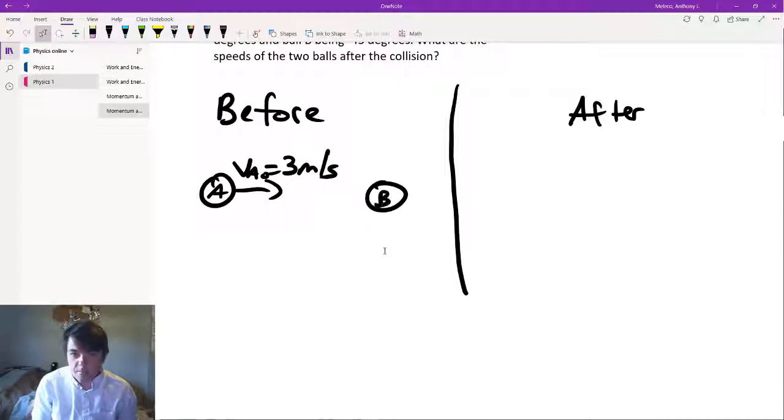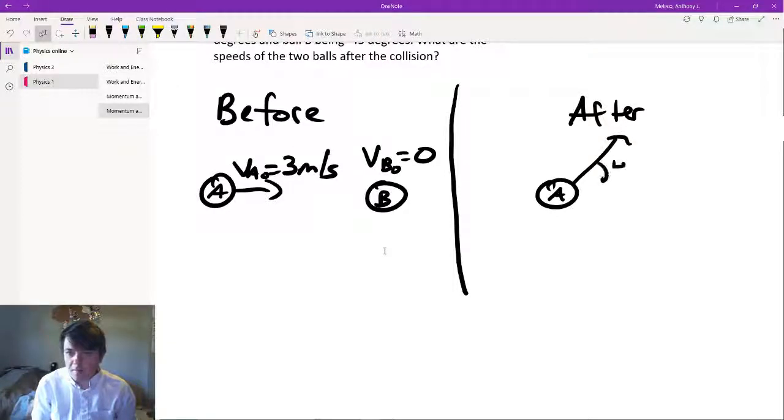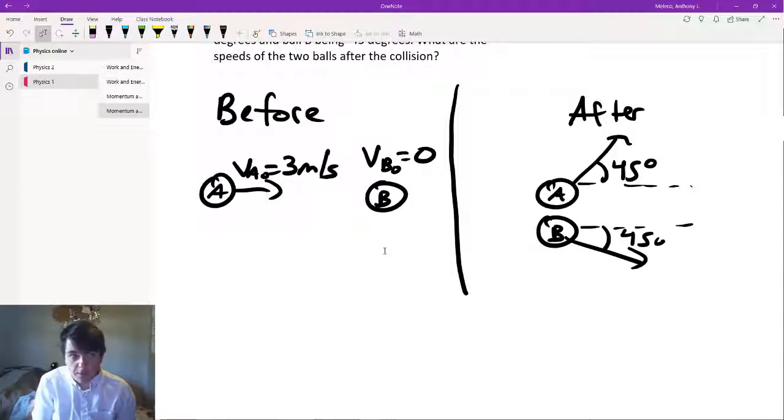You have ball B, which isn't moving at all, 0. After the collision, ball A moves off at plus 45 degrees, and you have ball B also moving off at 45 degrees, but minus.